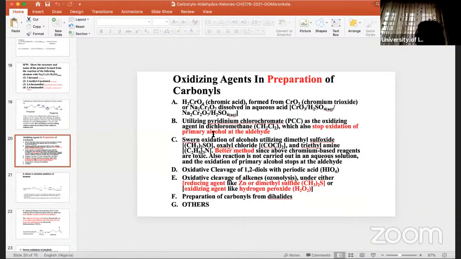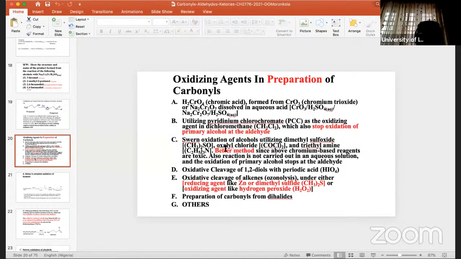The next one, I'm just going to go through when I come to the slide of each one, is known as the Swern oxidation of alcohols, where we make use of dimethyl sulfoxide, (CH3)2SO, then oxalyl chloride, which is a dimer of COCl, and then triethylamine. That's the reagent combination that gives the Swern oxidation of our alcohols.